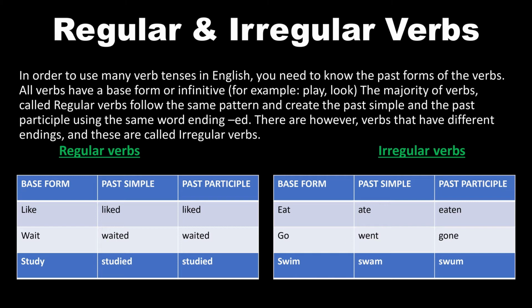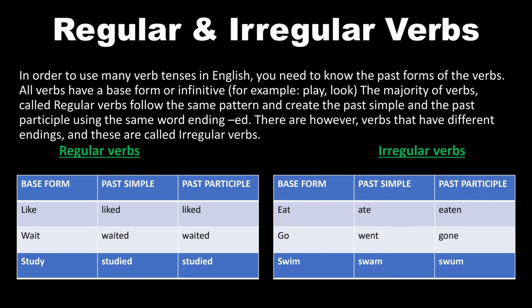The majority of verbs, called regular verbs, follow the same pattern and create the past simple and the past participle using the same word ending with ed or d. There are, however, verbs that have different endings and these are called irregular verbs. You can see the chart here.